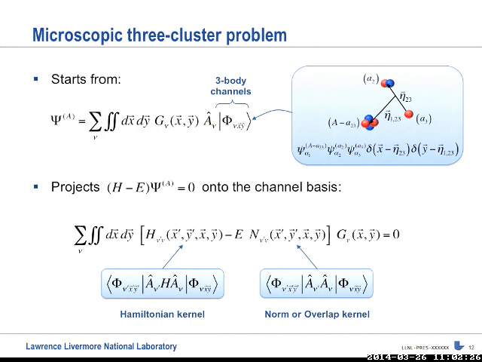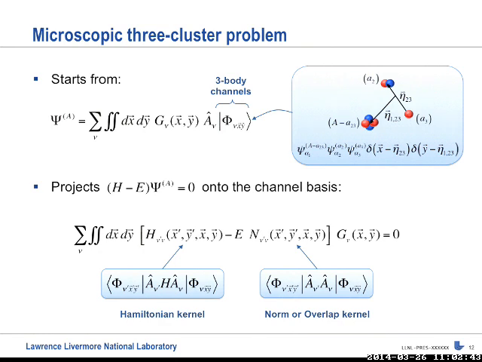And then we adopt a three-body channel basis, which is given basically by the product of the three intrinsic wave functions of the three clusters, multiplied by delta functions in the relative motion.